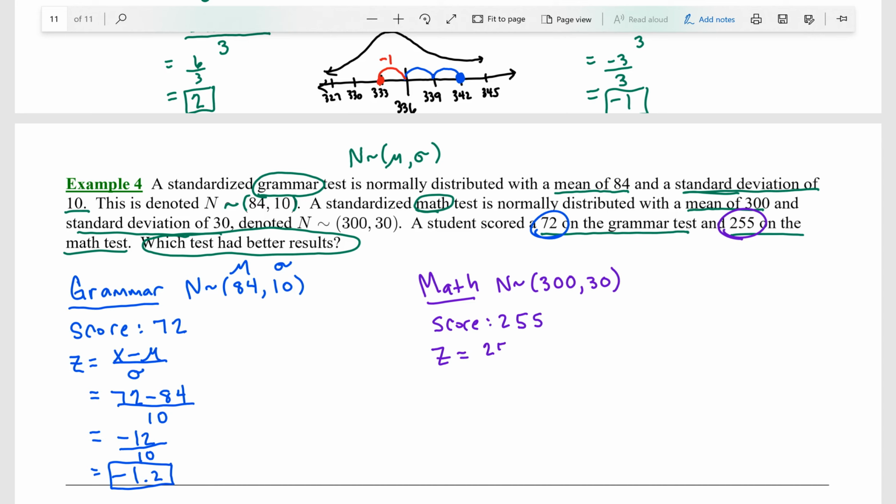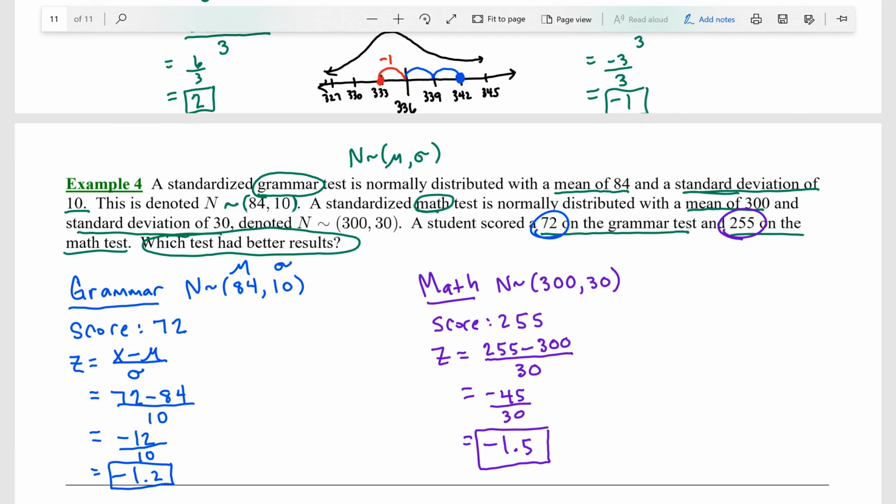We're going to take the score, 255, minus the mean of 300 and divide by the standard deviation of 30. So 255 minus 300 gives us negative 45, and we're going to divide that by 30. So we end up with negative 1.5. Again, this student is below average, but was further away from the mean on the math test than on the grammar test. So it looks like the student performed better on the grammar test.